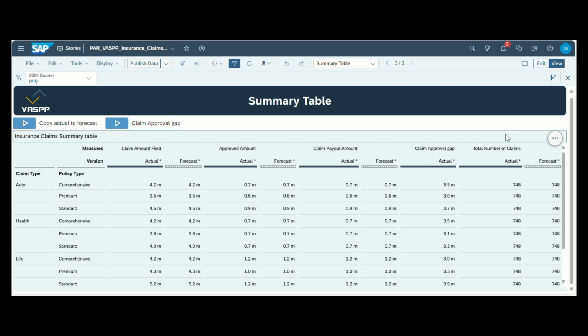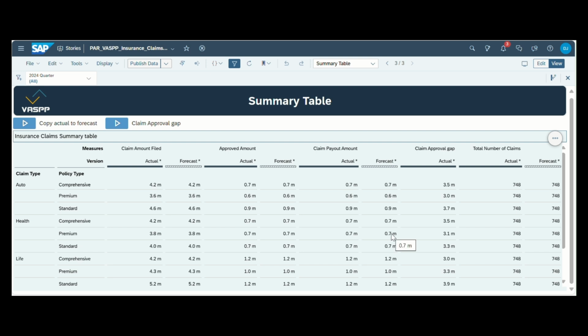Now what gives this table real strategic punch is the version comparison, actual versus forecast. Every metric in this view has a forecast mirror. That means you're not just looking at performance, you're measuring it against expectation. For example, health premium shows 3.8 M filed, 0.7 M approved, and 0.7 M paid, all perfectly aligned with forecast.